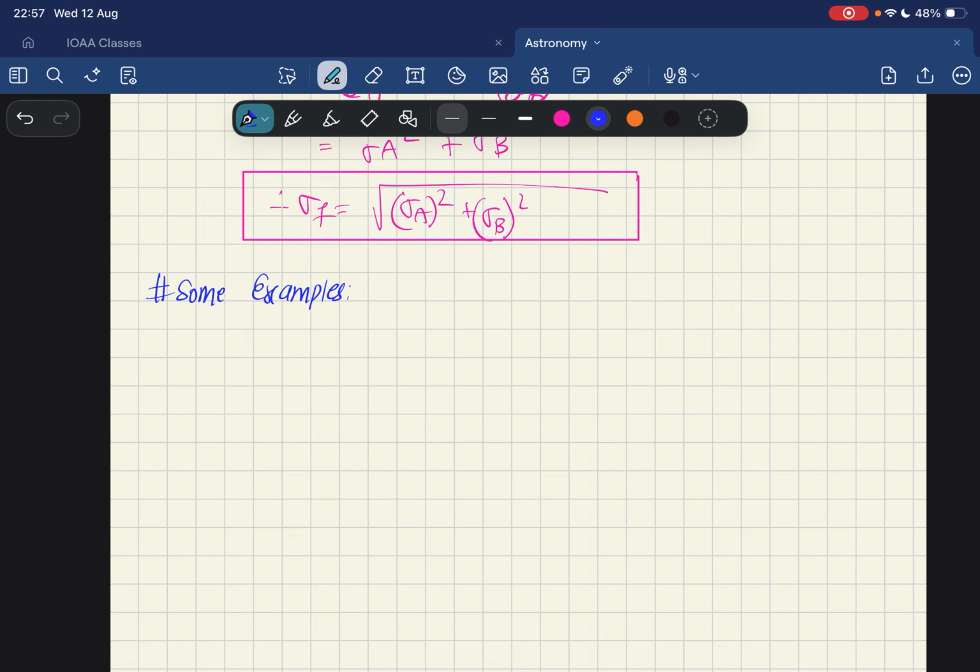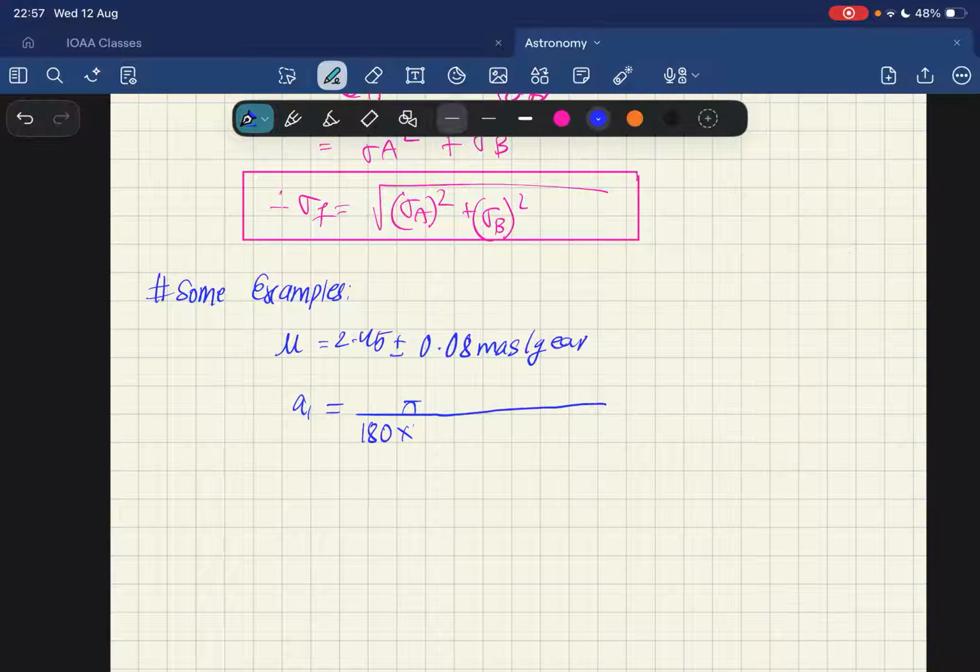So let's say your team measured the proper motion of a star as mu equals 2.45 plus or minus 0.08 milliarcseconds per year in the right ascension direction. Then what would we have to do? The conversion factor from milliarcseconds per year to radians per year is A1 equals pi divided by 180 times 3600 times 1000 radians per milliarcsecond.